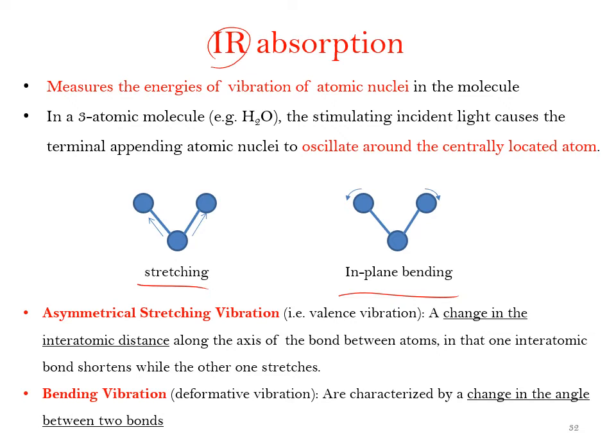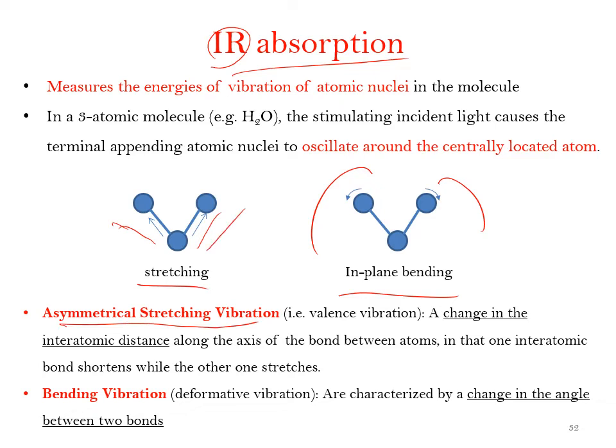A stretching of bonds could occur when light interacts with molecules, or bending of the molecules could occur when light interacts with this kind of molecules. So for IR absorption to occur, there should be asymmetric stretching vibration.